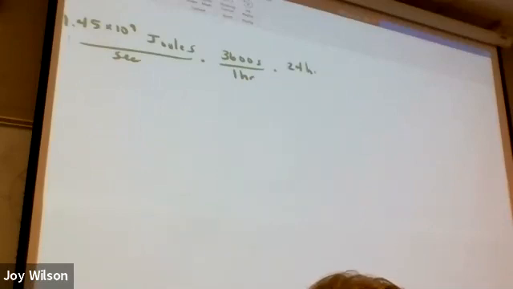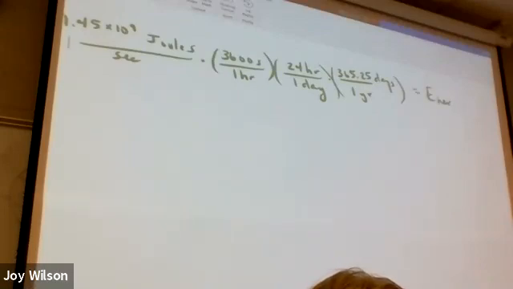Times 10 to the 9th joules per second. 3,600 seconds in 1 hour. 24 hours in 1 day. 365.25 days in 1 year. That's the energy for a year.